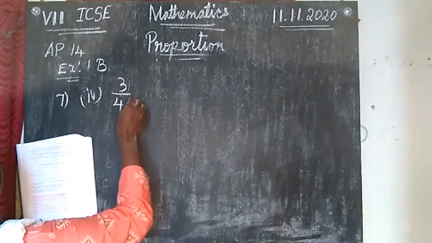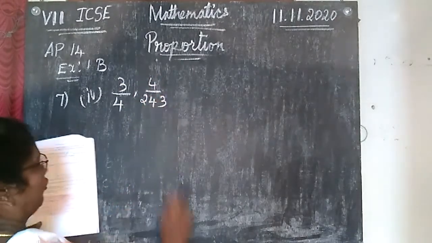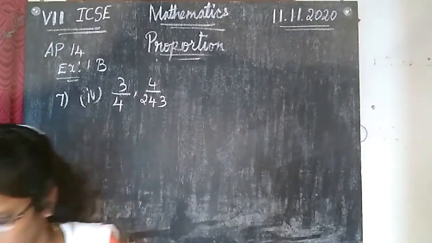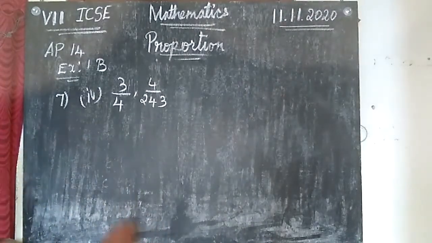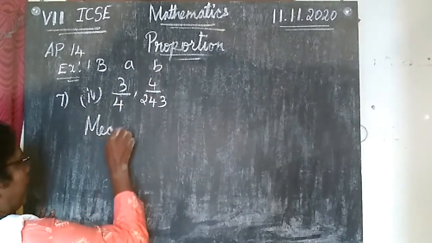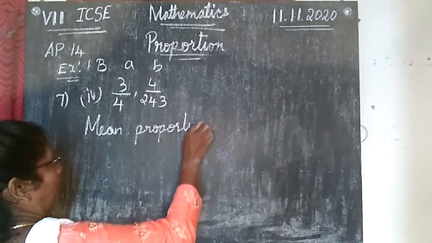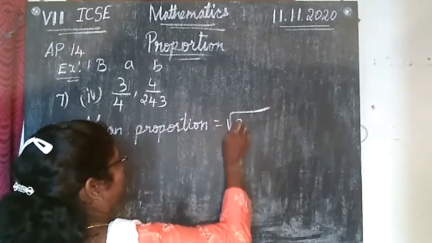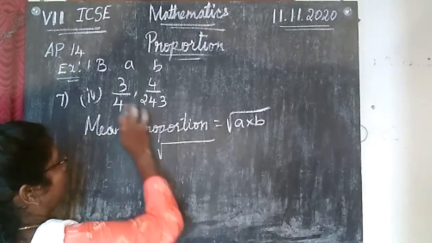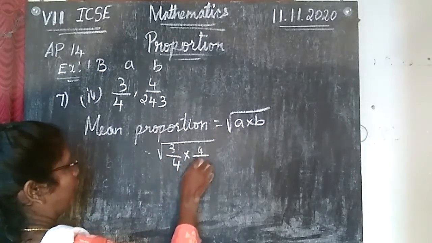3 by 4, comma, 4 by 243. Mean proportion means what? This is A, this is B. Mean proportion is equal to root of A into B. What is A? 3 by 4 into 4 by 243.